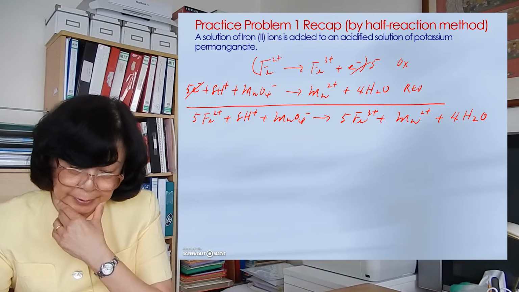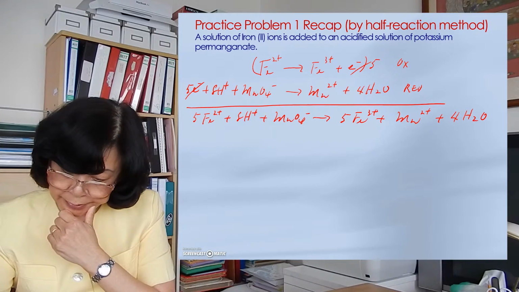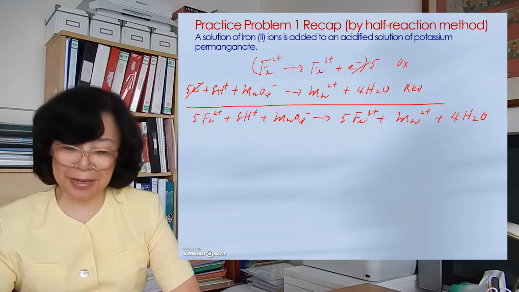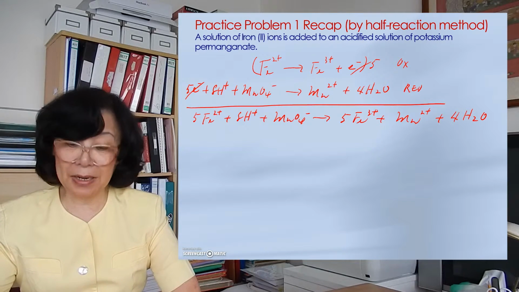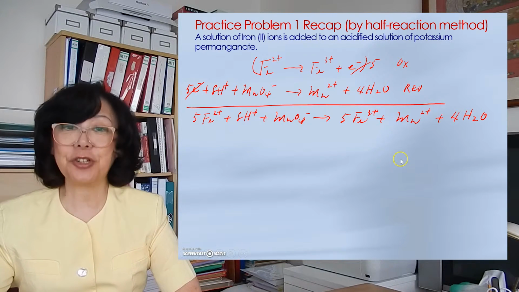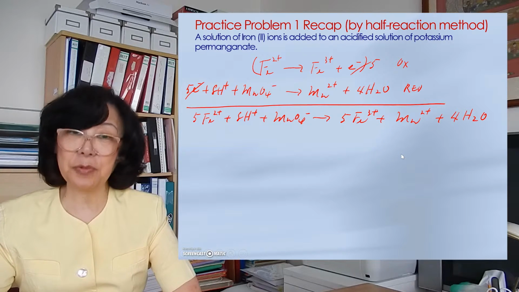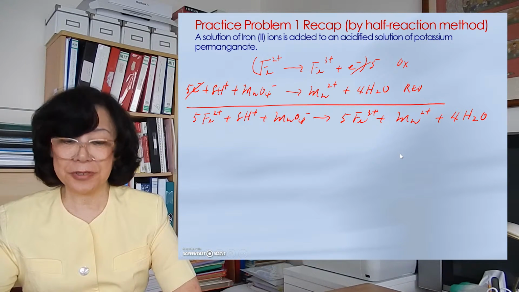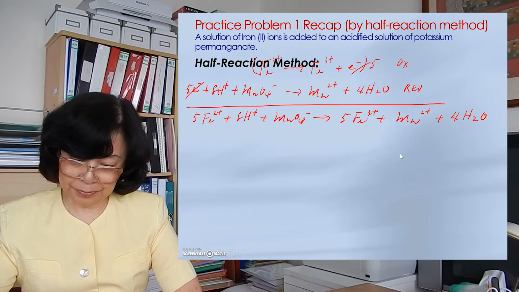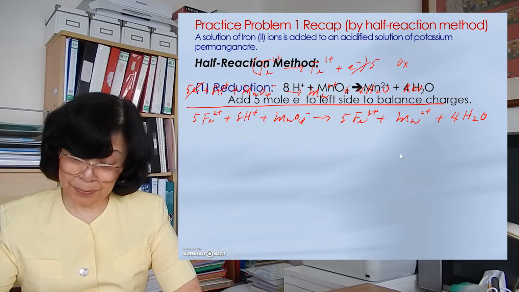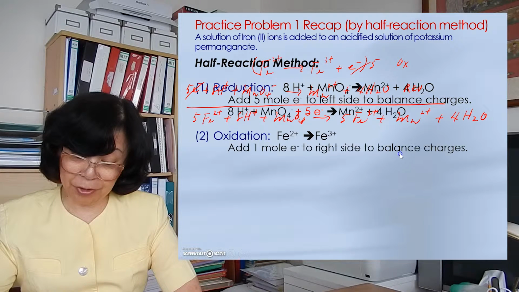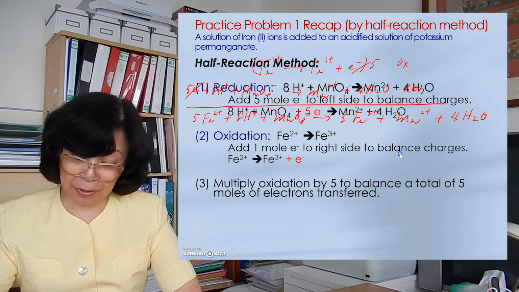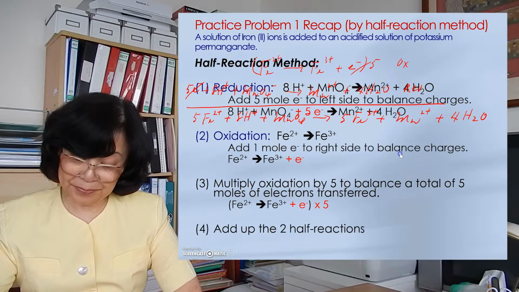Let me see, 8 and 10. Yes, this is fine. The charges are balanced. So this is properly balanced by the half reaction method. You can choose either one. Some people like half reaction, some people like to do it by oxidation numbers. Okay, here's a recap. Unfortunately, the recap is over my writing, but I hope that you can see it well.